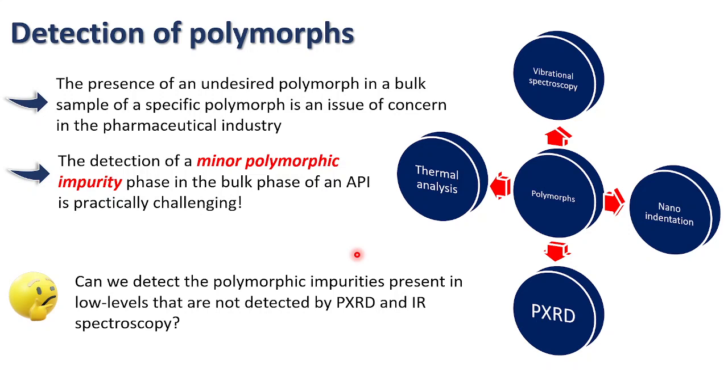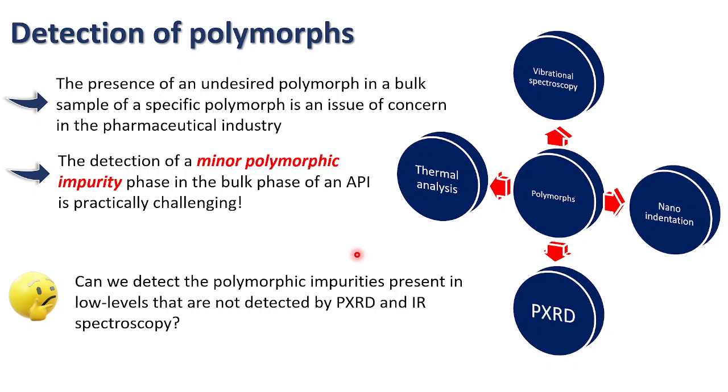Suppose a molecule has two polymorphs A and B, but A is very useful in the pharmaceutical industry and B is considered an impurity. We have to identify whether the compound is polymorph A or B, detect B, and eliminate B from A. That is an application in pharmaceuticals, and it is very important in the pharmaceutical industry.